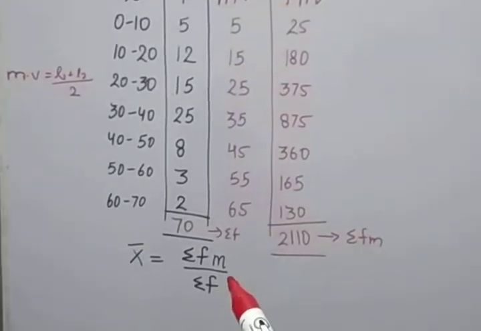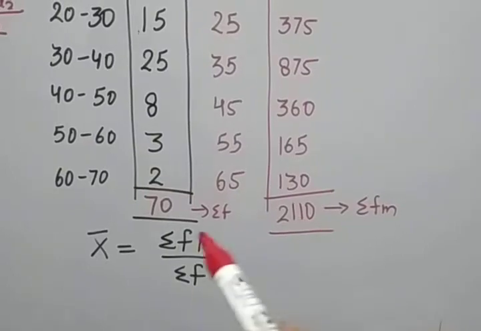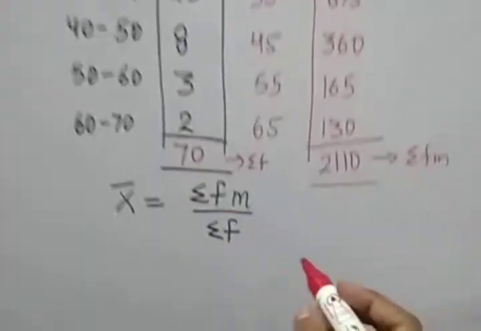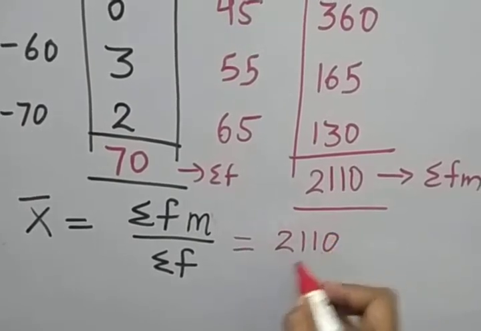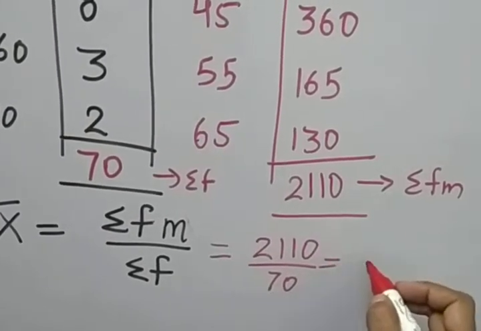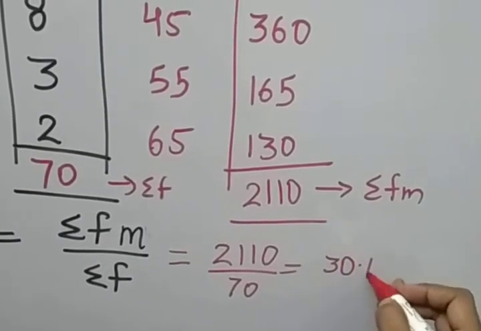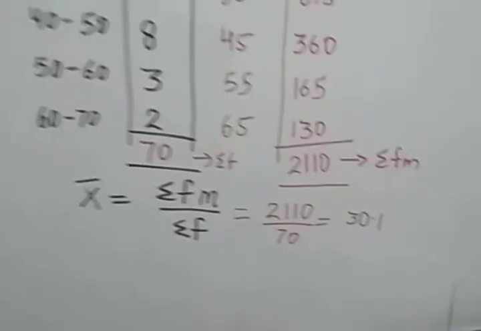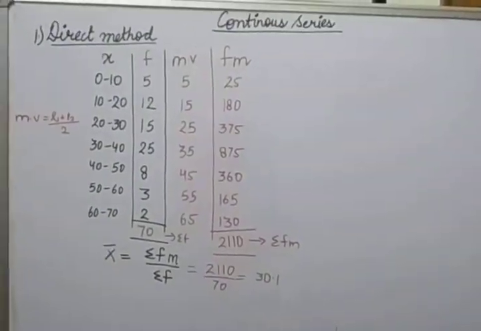Now we have to put the values in this formula. Summation fm is 2110, summation f is 70. 2110 upon 70, so your answer is 30.1. This is the mean calculated by the direct method.